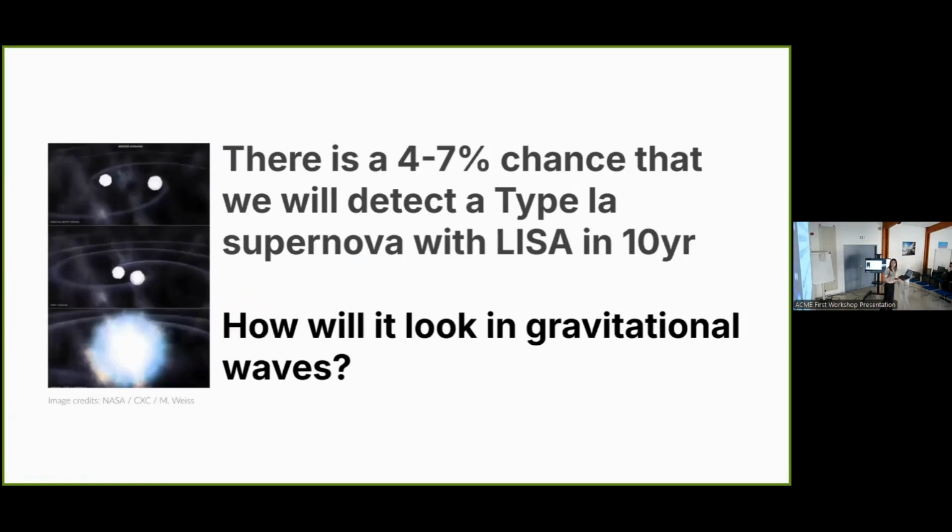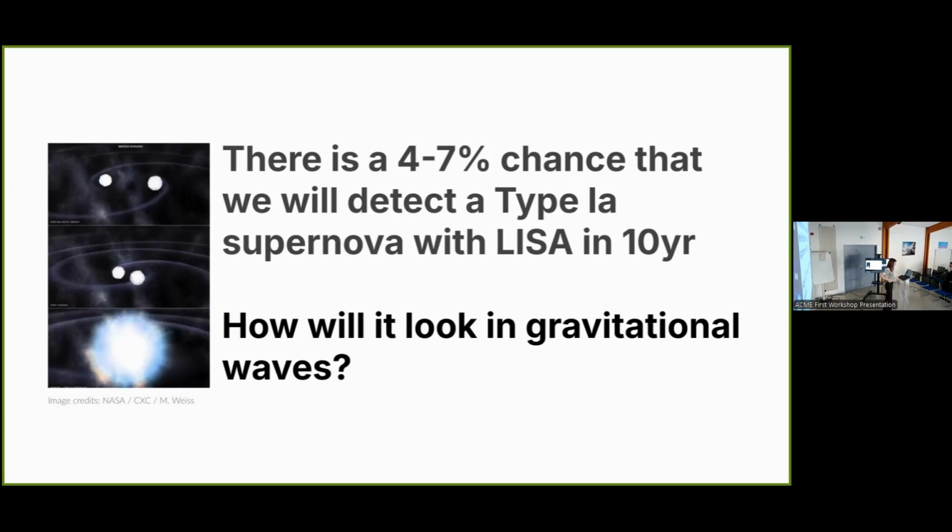And finally, also let me show you what if one of these double degenerates actually explode while LISA will fly. And there is a small but measurable percentage chance for this to happen within a full 10-year mission lifetime.